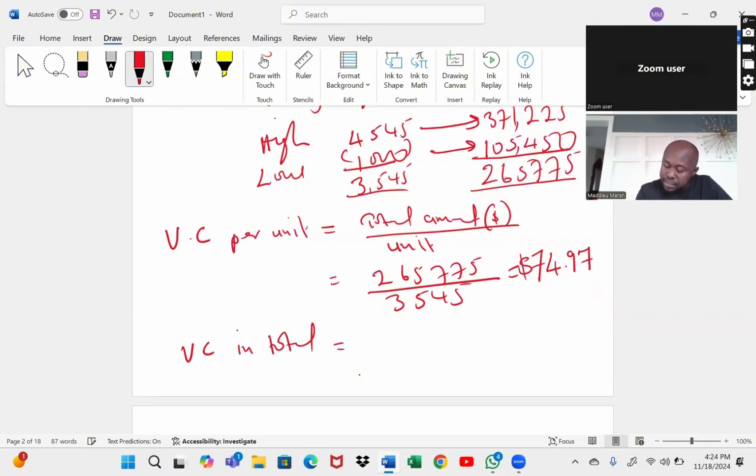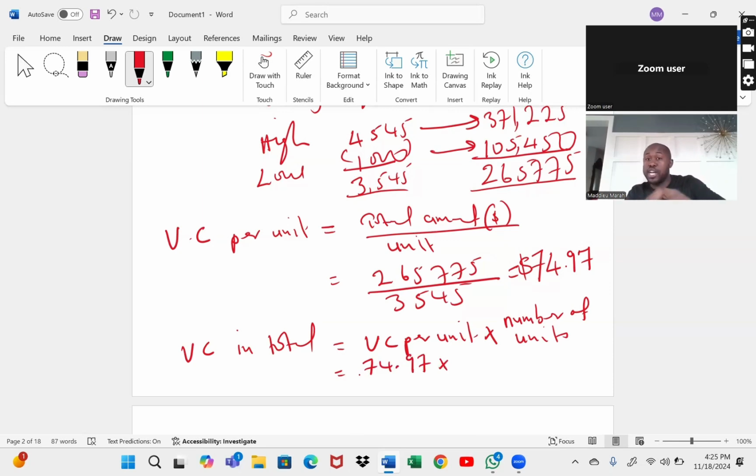Variable cost in total equals variable cost per unit multiplied by number of units. This is the formula. So the variable cost per unit, I have 74.97 multiplied by number of units. I told you, you can use either the high unit or the low unit. The high unit is 4,545.